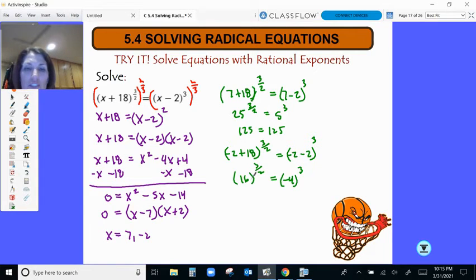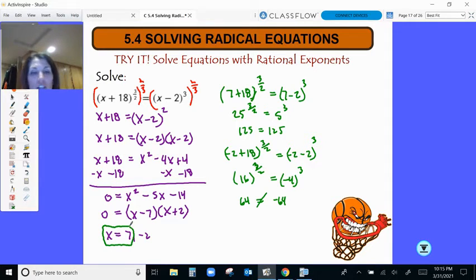Well, the square root of 16 is 4, and 4 cubed is 64. And this is -4 cubed is -64. So this one does not work, okay? So the only solution we have here is x equals 7. That one's not going to work there, okay? So that's important of checking our extraneous solutions.